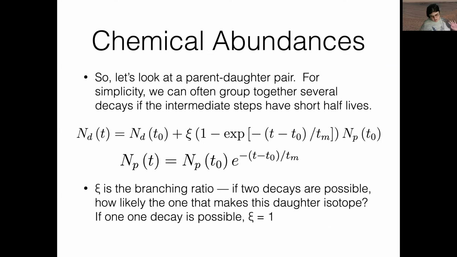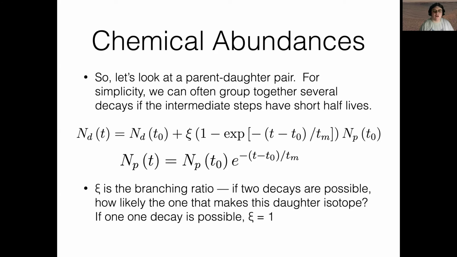Some of it, probabilistically thinking, will alpha decay to thallium, some of it will beta decay to polonium. And that's represented by that Greek letter psi. So psi is the branching ratio. It's basically the probability of this particular daughter from the reaction. Now, if only one is possible, then psi is 1.